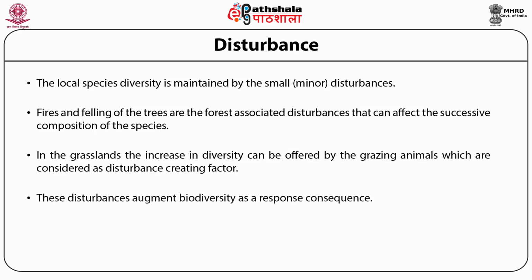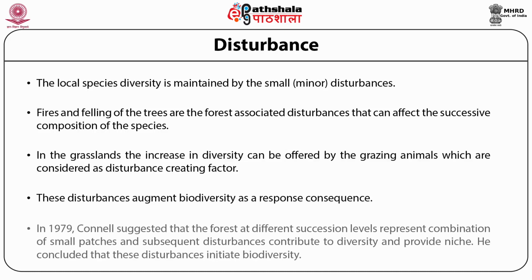These disturbances augment biodiversity as a consequence. In 1979, Connell suggested that forests at different succession levels represent a combination of small patches, and subsequent disturbances contribute to diversity and provide niches. He concluded that these disturbances initiate biodiversity.